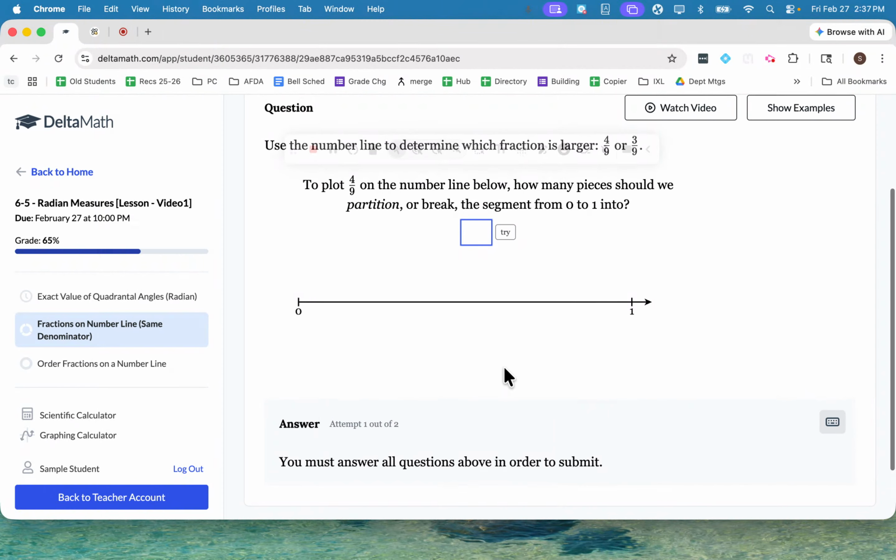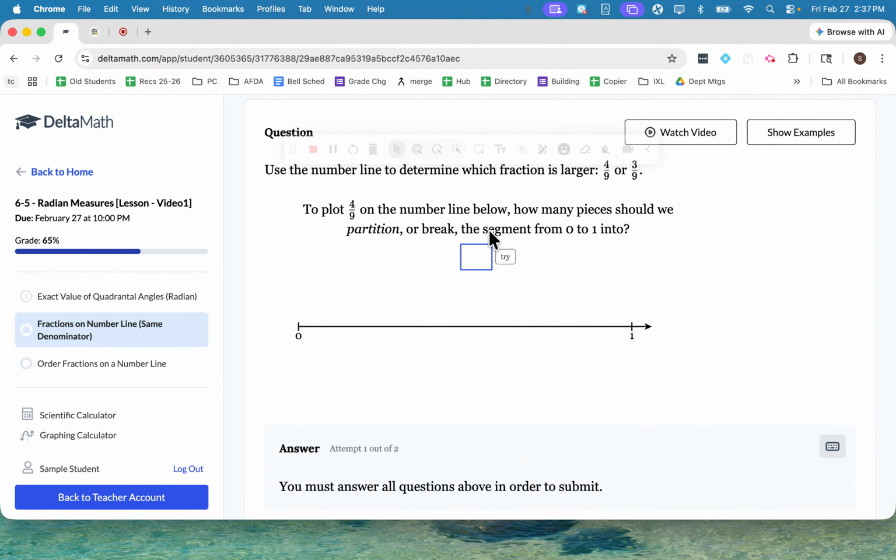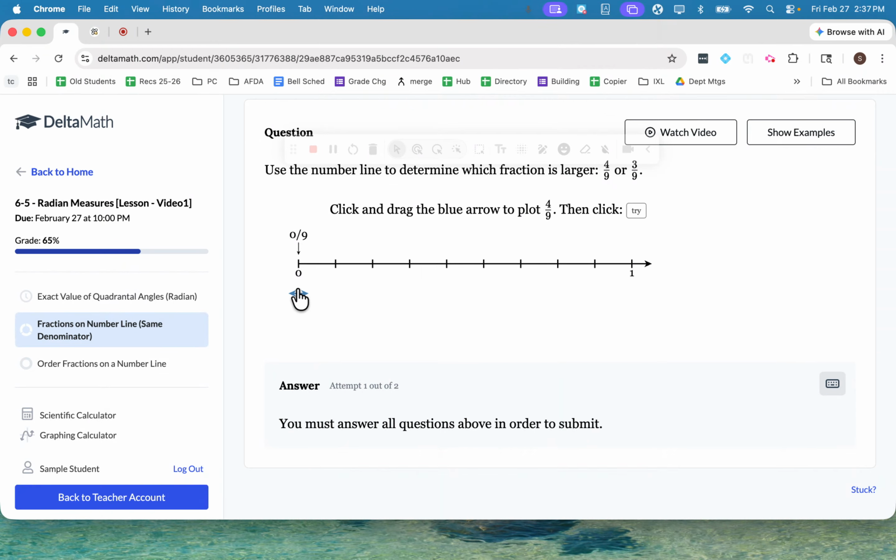And then this is just a very simple kind of exercise in doing fractions. To plot, you're going to see which is larger. It's obvious which is larger, but just indulge Delta Math. 4/9 on the plot. You want 9 pieces to break this into.